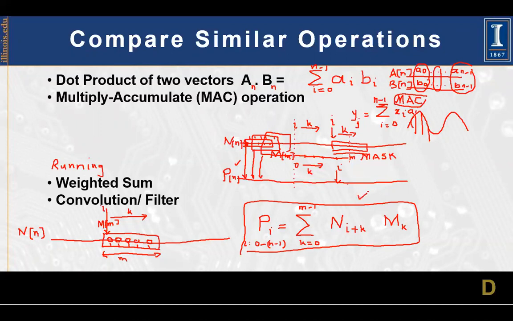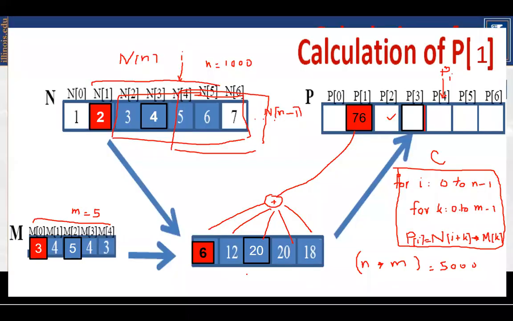This mathematical expression relates to this diagram and this maths, and this algorithm is just one-to-one. This is N at i plus k multiplied with M at k.